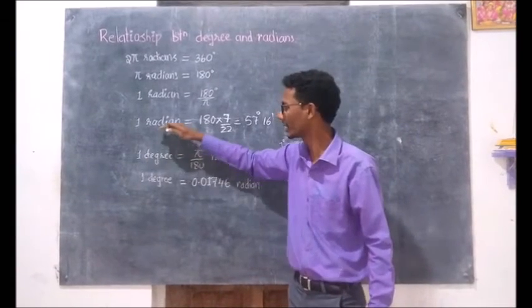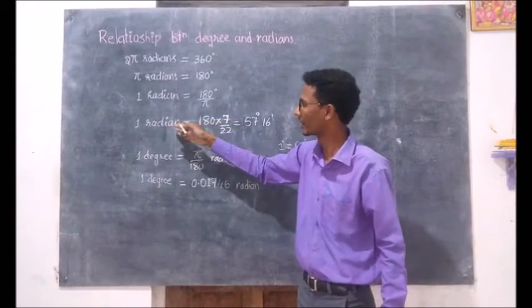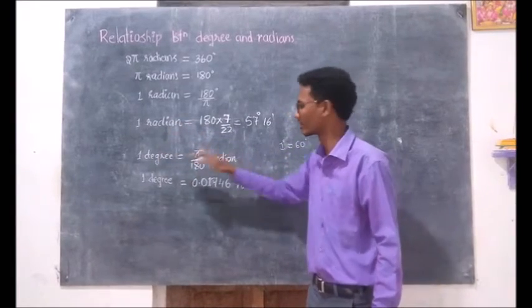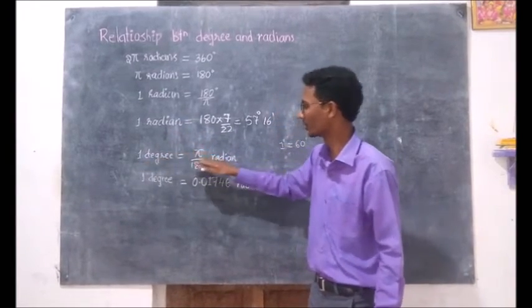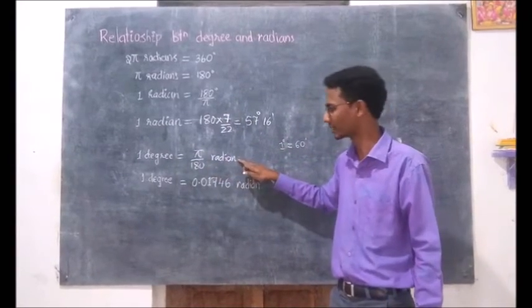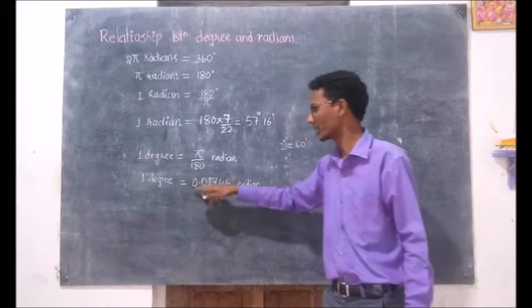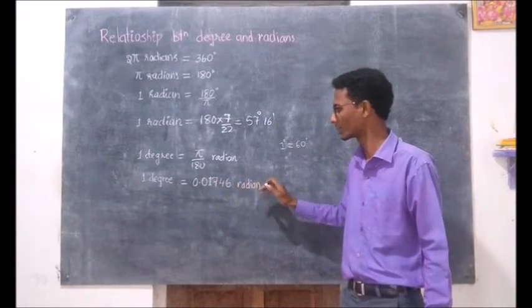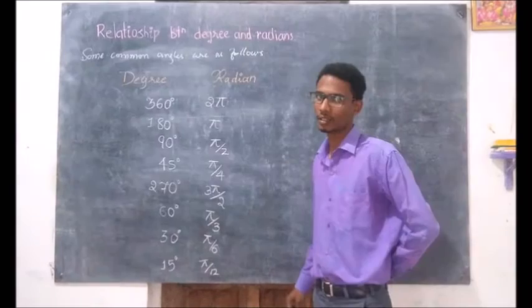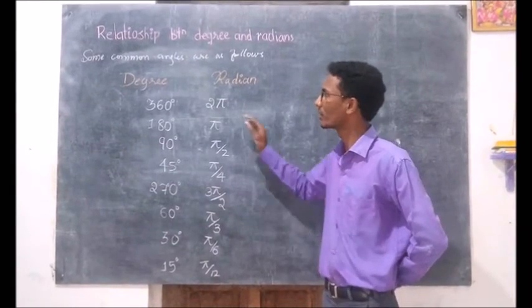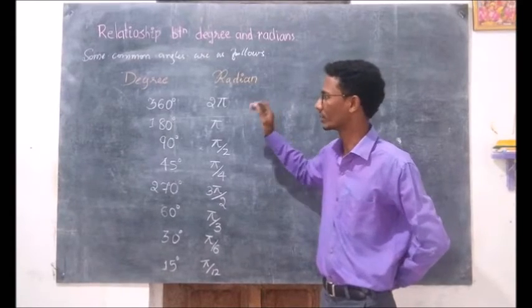Next, when we go for one degree to radians, that will be 1 degree equal to pi by 180 radians. So that would be 1 degree equal to 0.01746 radians.